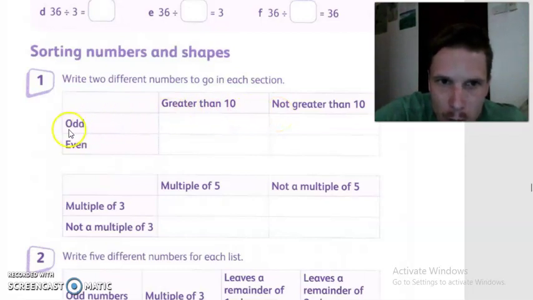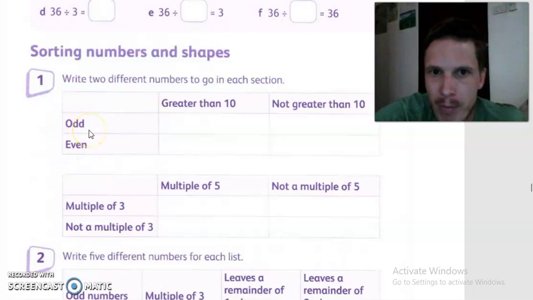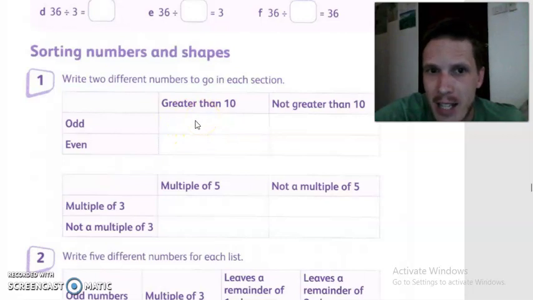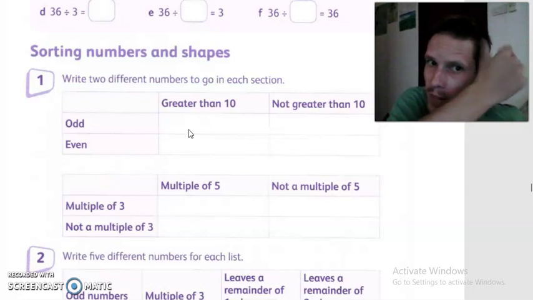And in the rows, we have odd and even. So for this box here, we need a number that is greater than 10, that's higher than 10, and is odd, which means it can't be divided into two equal groups. It can't be divided into groups with even numbers on both sides of it. Okay, so I'll give you one example for that one.